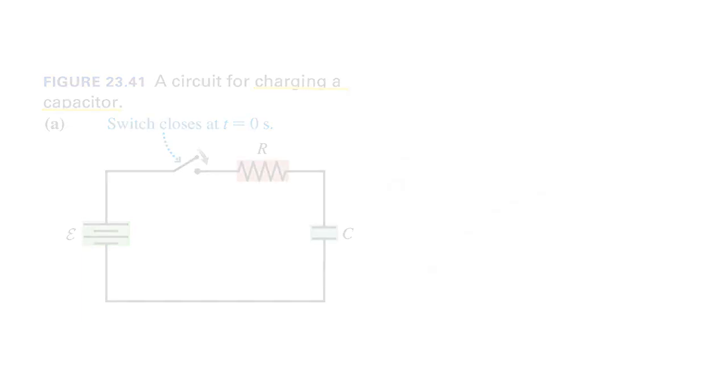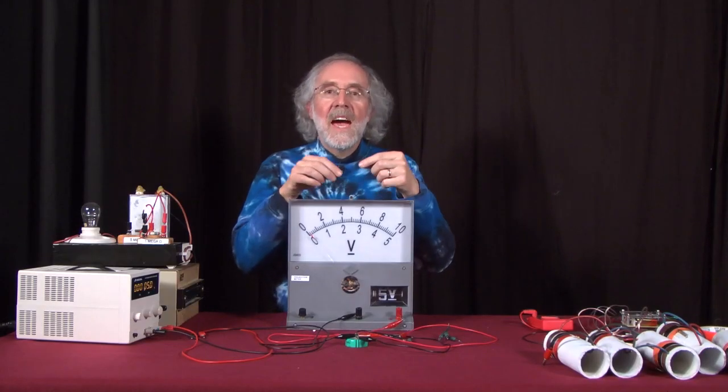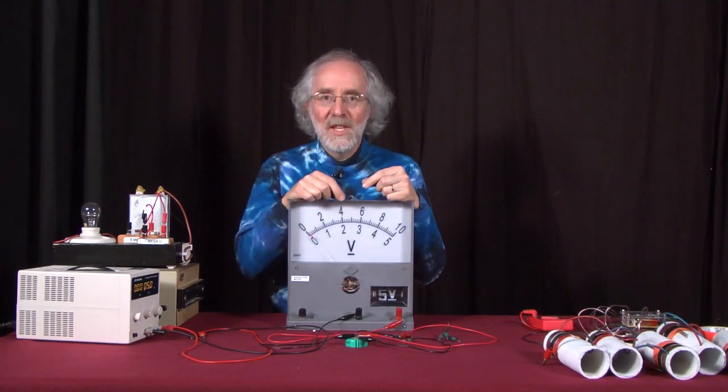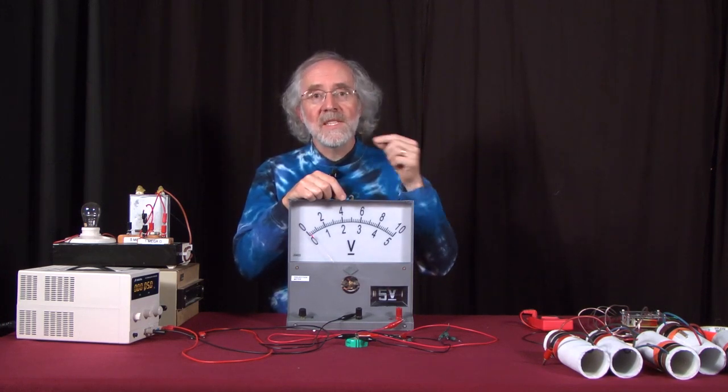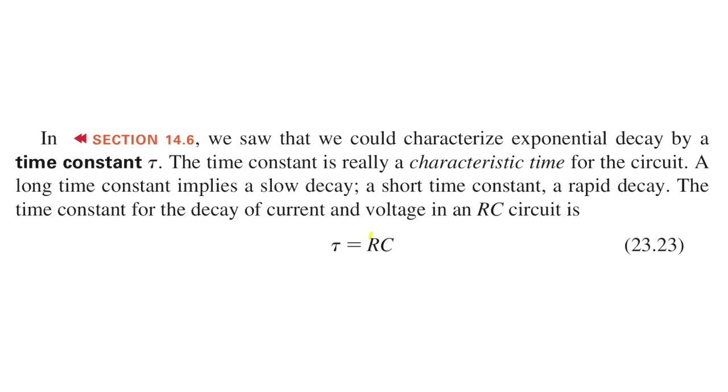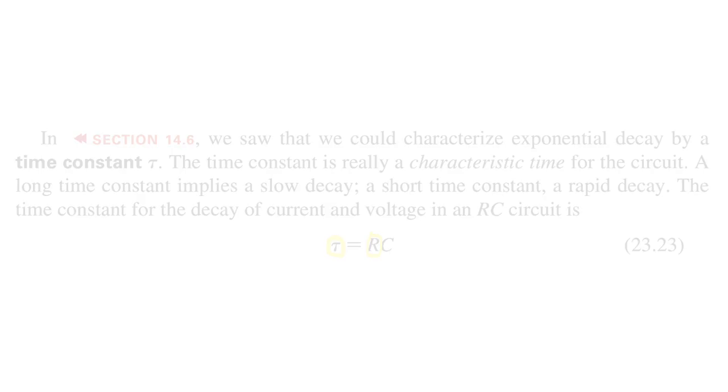That's the other piece of the puzzle. But we have a timing element in the circuit, and that's going to be a really important thing, and there's lots of circuits that depend upon that. If I vary the resistance, I vary the time constant, and so I can vary the time.